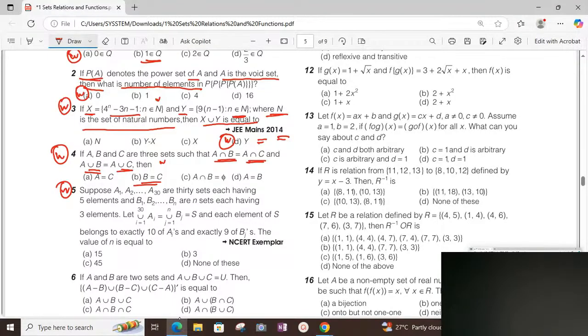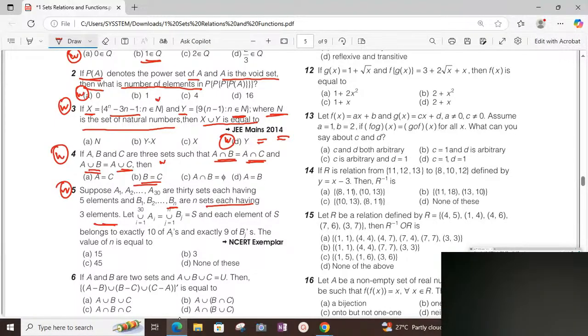Suppose A1, A2, up to A30 are 30 sets each having 5 elements. B1, B2 up to Bn are n sets each having 3 elements.